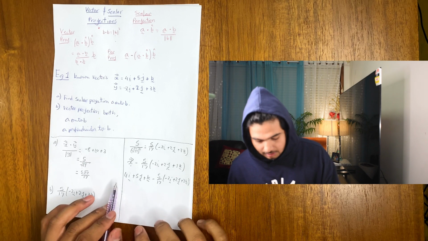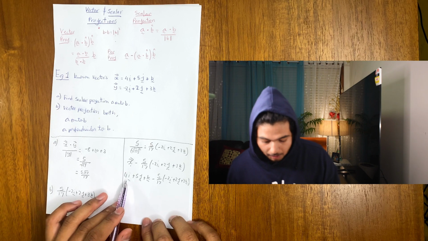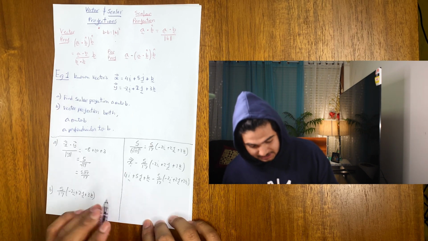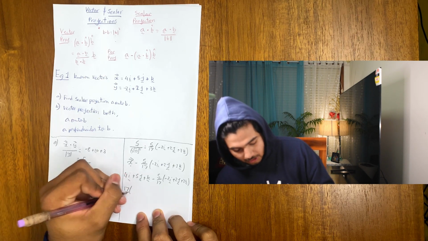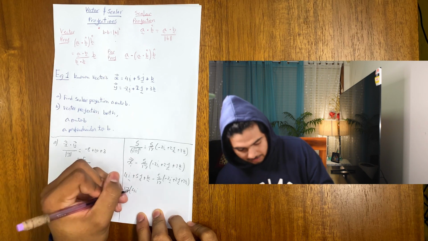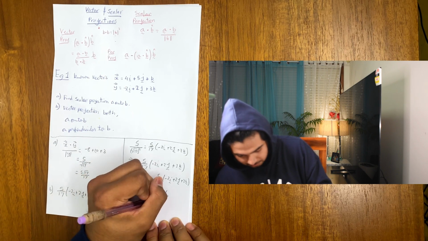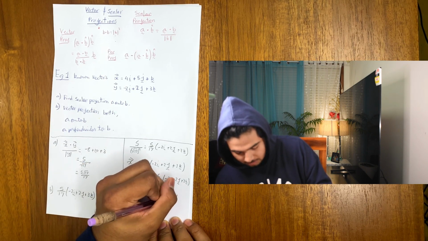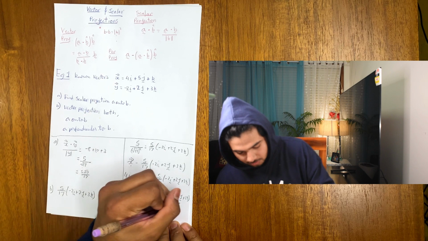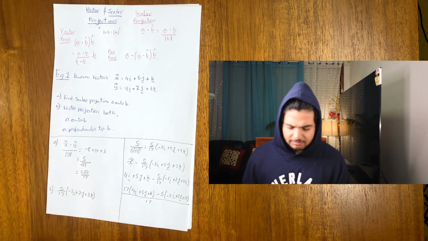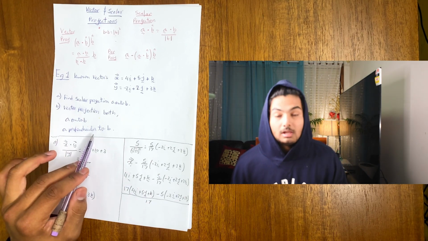To further simplify this, we can multiply the top and bottom by 17. Upon 17, we get 17 brackets 4i plus 5j plus k, minus 5 times negative 2i plus 2j plus 3k, all upon 17. So we'll leave it as that. That is the final answer for vector x perpendicular to y.